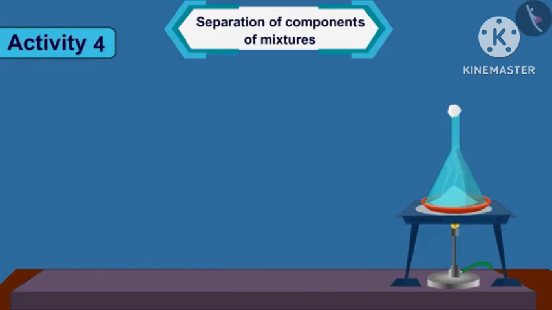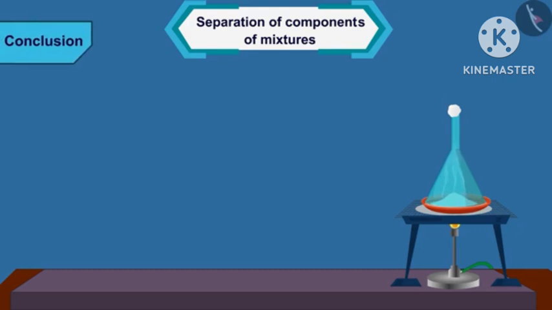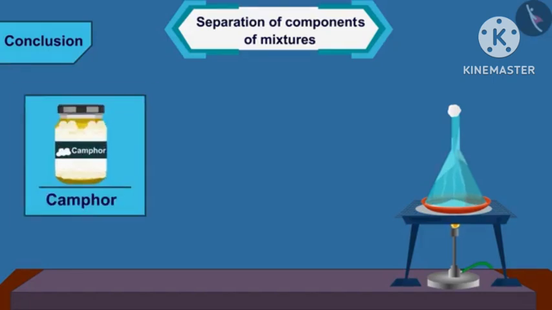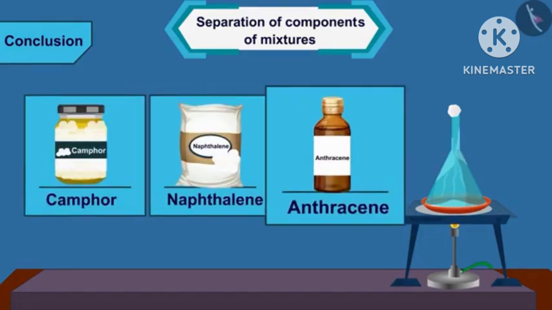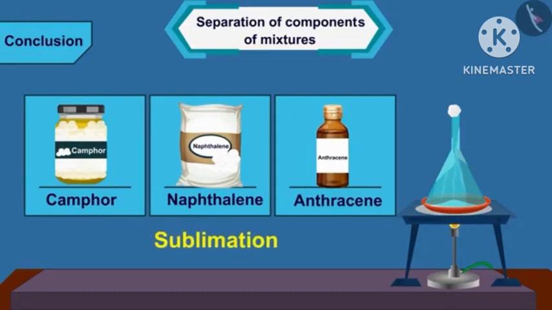By this activity, we can conclude that to separate such mixtures that contain a sublimable volatile component from a non-sublimable impurity, such as camphor, naphthalene and anthracene, the sublimation process is used.